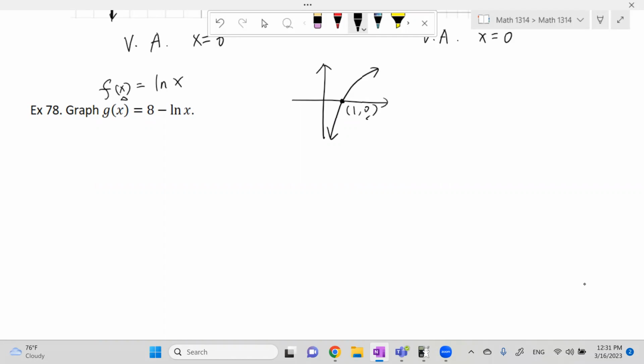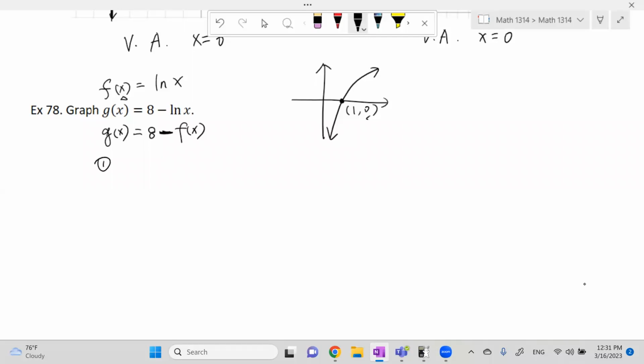So how do we transform f of x to g of x? We can rewrite g of x as 8 minus f of x. First, the transformation is a reflection, because in front of f of x we have a negative sign.